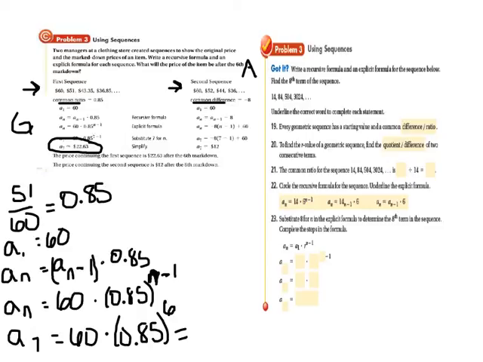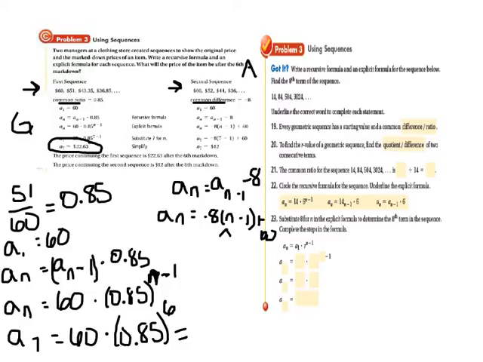The other sequence, the arithmetic sequence, the one with the common difference, we would use the recursive formula that says a1 equals 60, a sub n equals a sub n minus 1 minus 8. And the explicit would be a sub n equals negative 8 times n minus 1 plus our first term, which is 60, which is, again, most useful because we can just plug in 7 and calculate that.